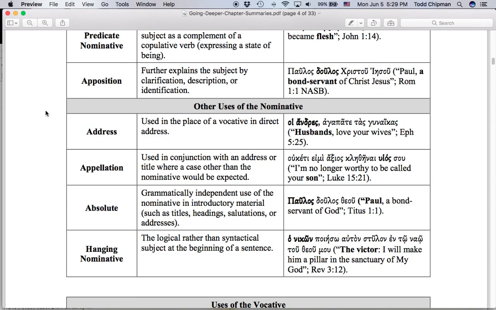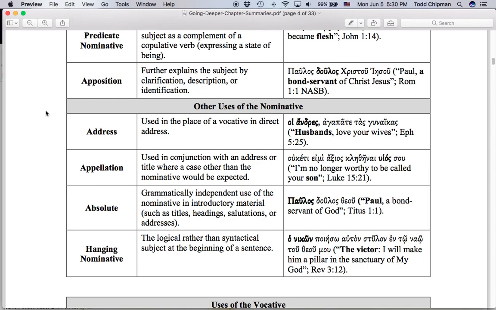Hymeis phoneite me ho didaskalos kai ho kyrios. You call me teacher and Lord. Here, this designation of calling and these titles almost as if they were proper names, just giving a sense of honor about them, or calling, special designation.